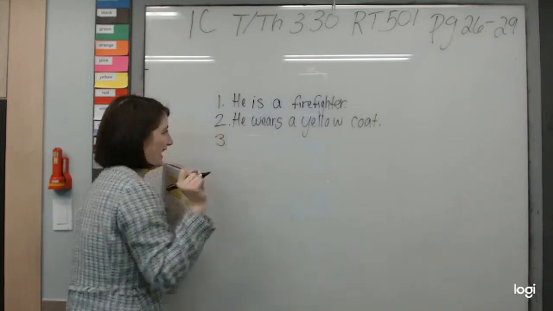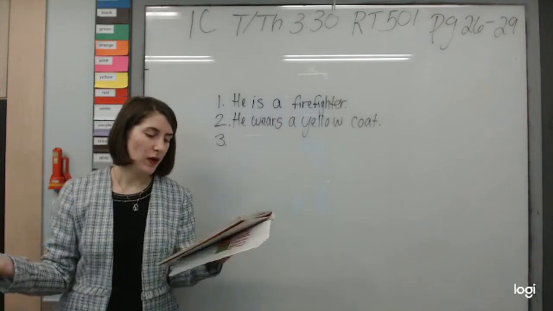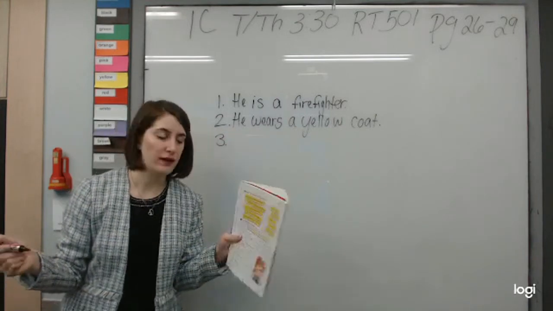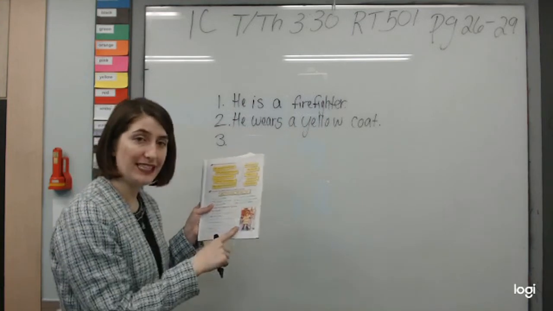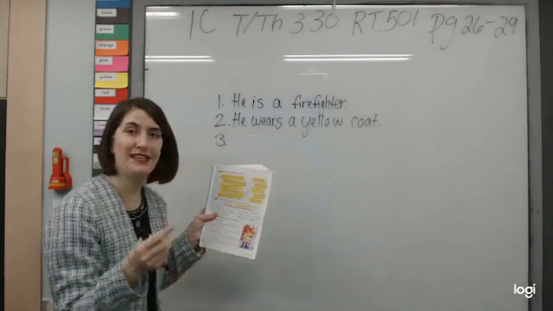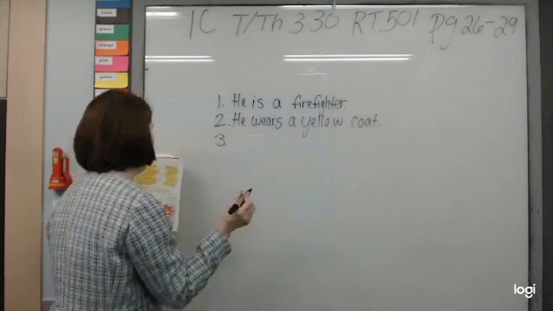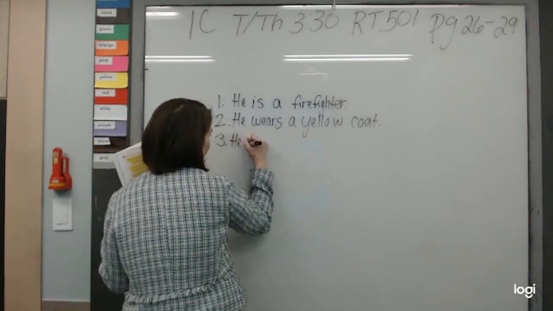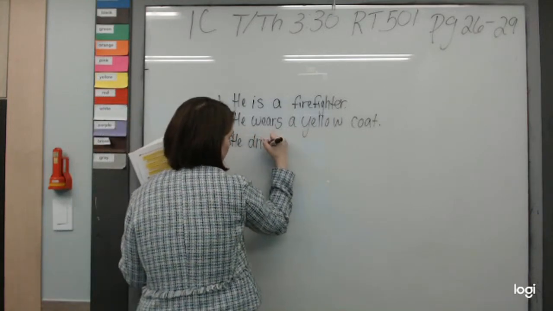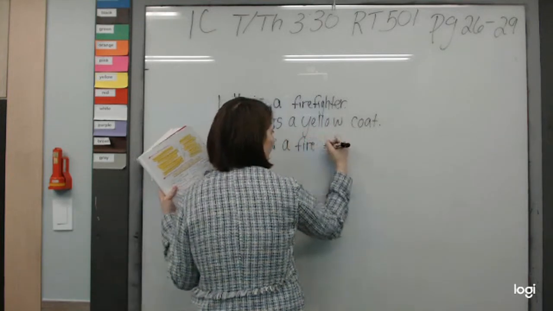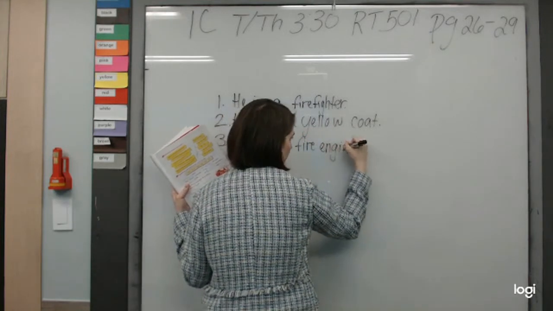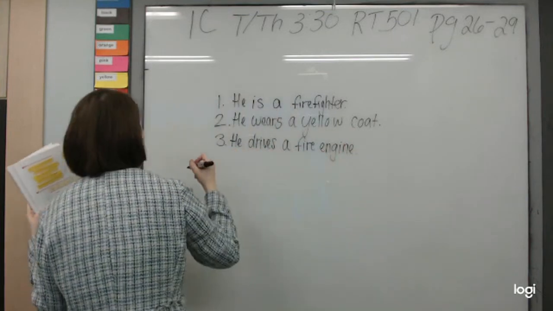Number 3, what does he drive? What do we see here in the background of the picture? We see a fire engine, that's right. So, he drives a fire engine. Good job, guys.